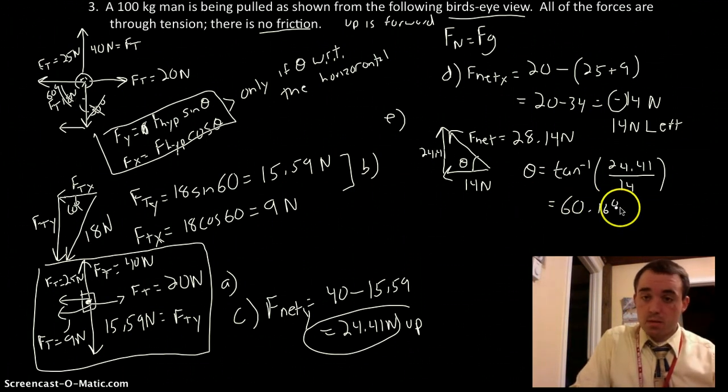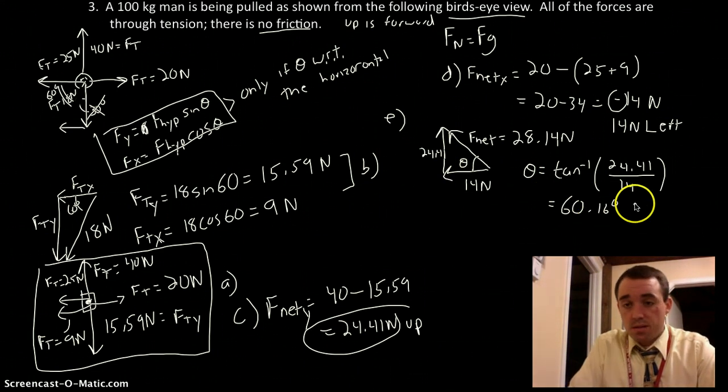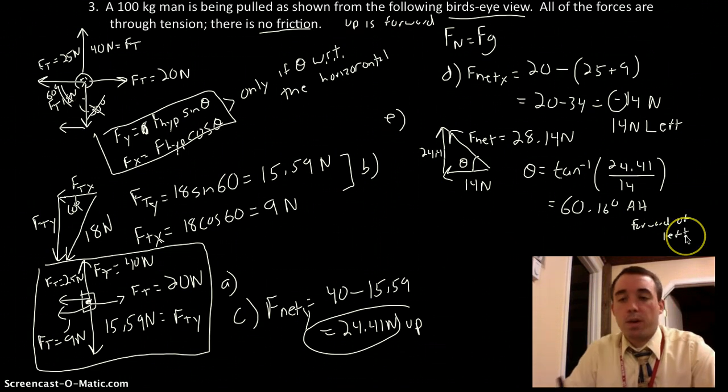We get an angle of 60.16 degrees. In this case, it's a little hard to identify the angle. I'd be very lenient. You could really just say above horizontal. But as I was talking about it, where up is forward, it would be forward, even I'm having trouble with this one, of left. Very weird way to word the angle.